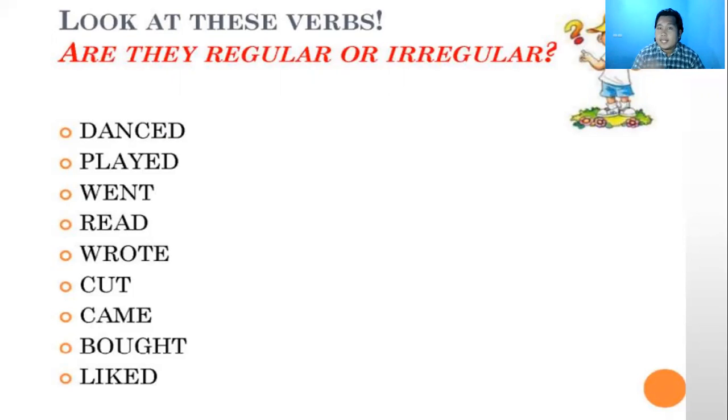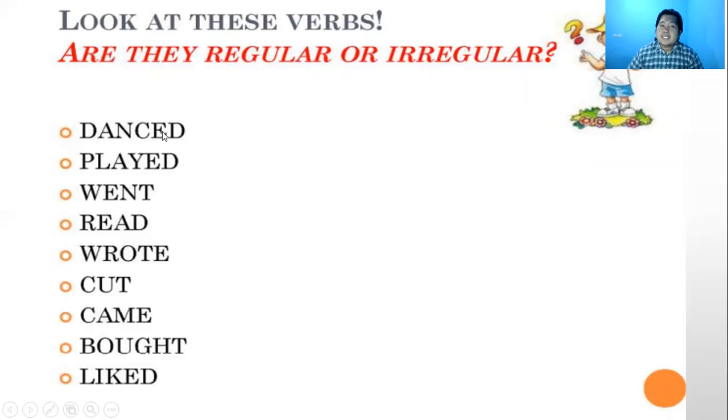So there is no right answer or correct answer here. Let us just identify. Let us guess, or you have to guess what is a regular and what is an irregular verb. Danced, played, went, read, wrote, cut, came, bought, like.